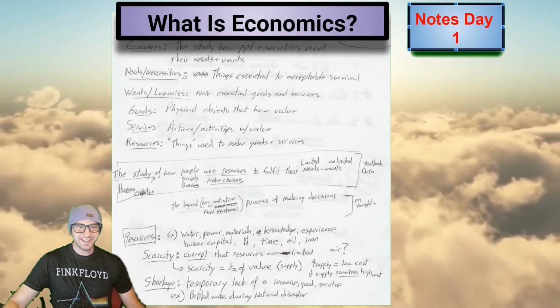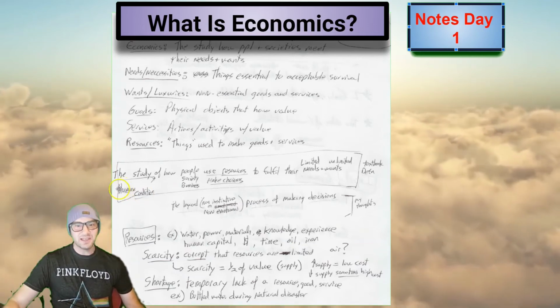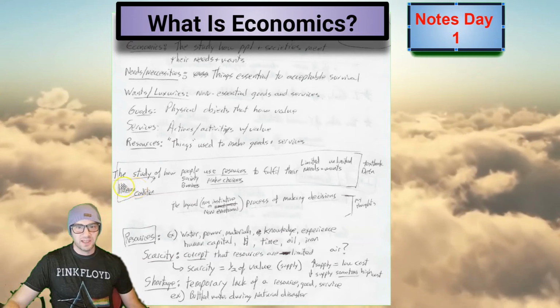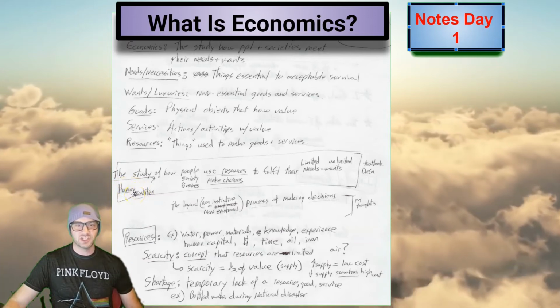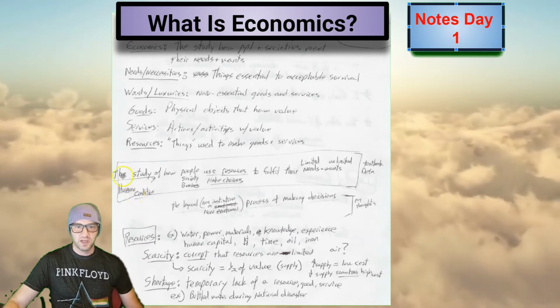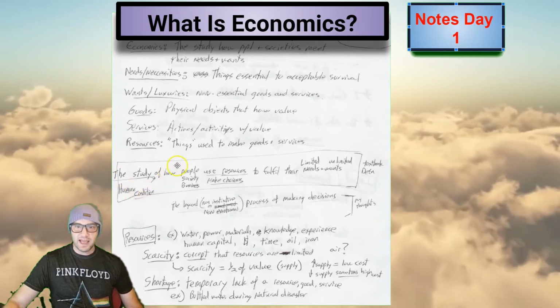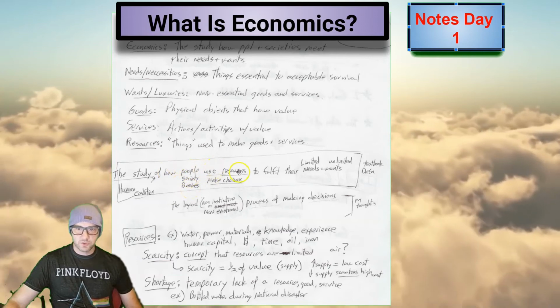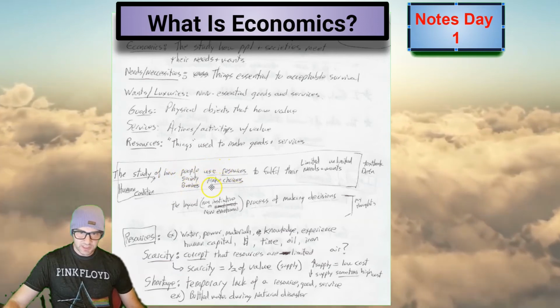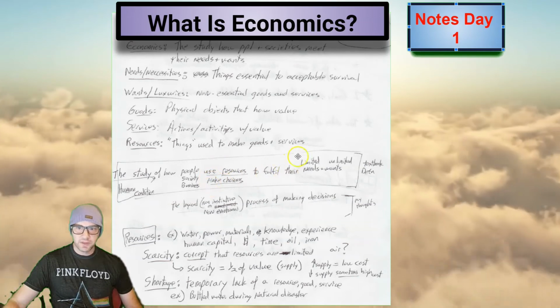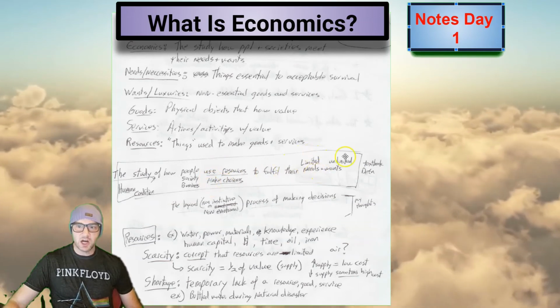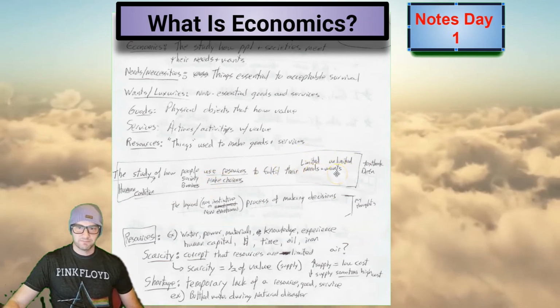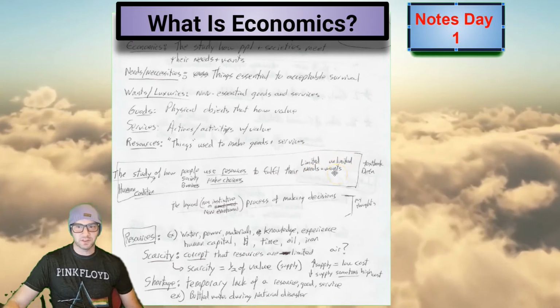So I'm expanding it. It's not just the study of something, it exists. It is part of the human condition since the beginning of humans. So the human condition of how people, societies, and businesses use their resources and make choices to fulfill their limited needs and unlimited wants. It just adds a little more flavor to the definition.